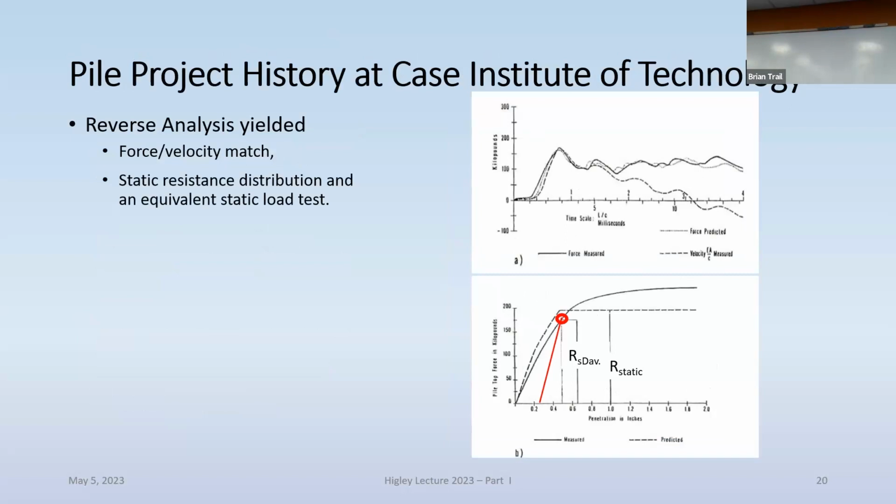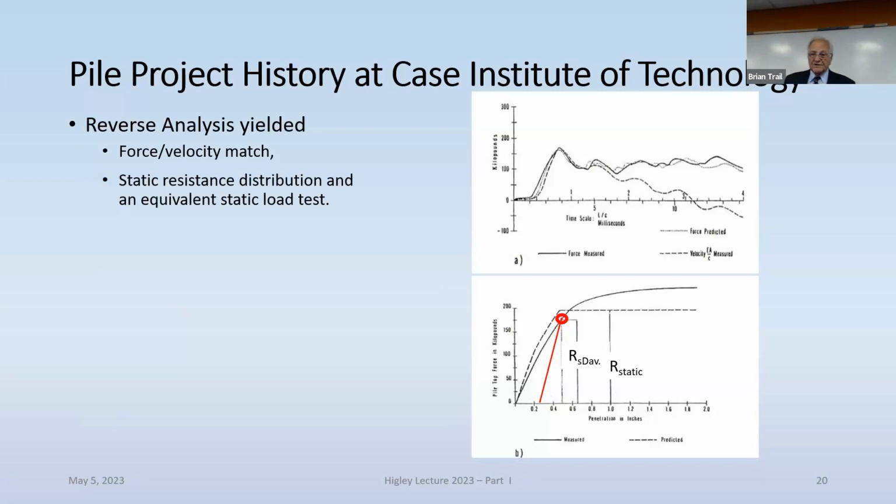And then you use the calculated shaft resistance with a static value of your calculated static load set curve or load displacement curve, and you can compare that with a statically tested one. And we're claiming now that you really don't need the static that often anymore.